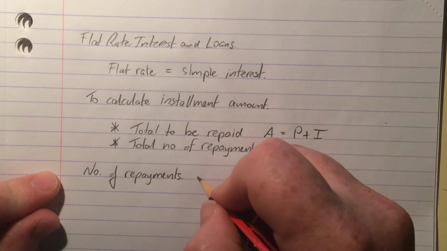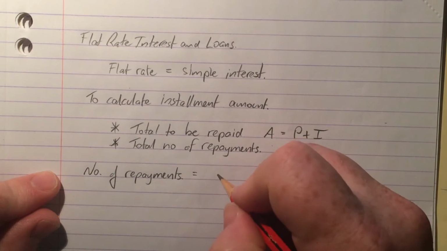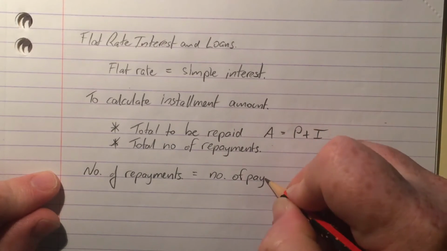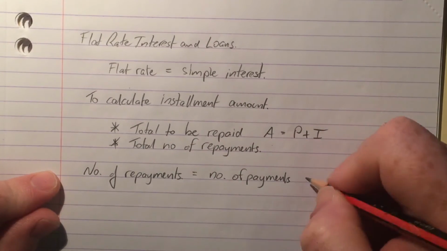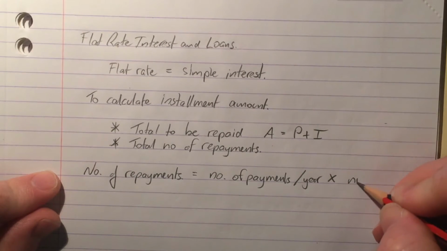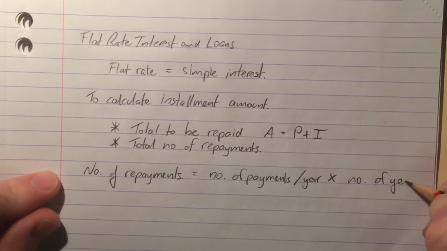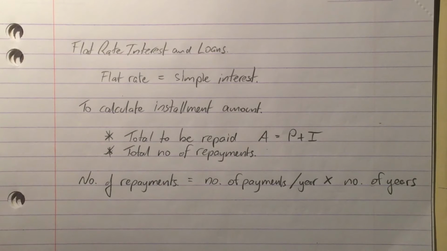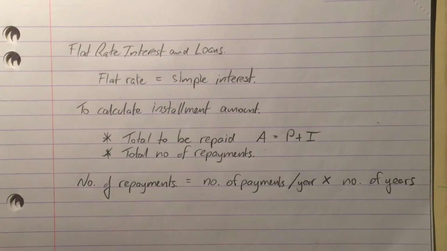So for the number of repayments, we're going to multiply the number of payments per year by the number of years. Once we know how many repayments we need to make, it's a simple matter of dividing the total amount to be repaid by the number of repayments.